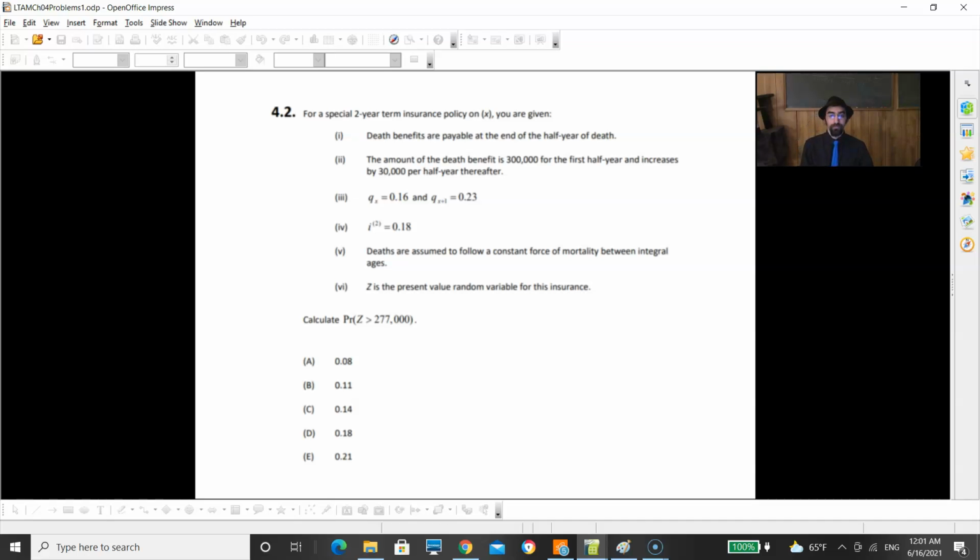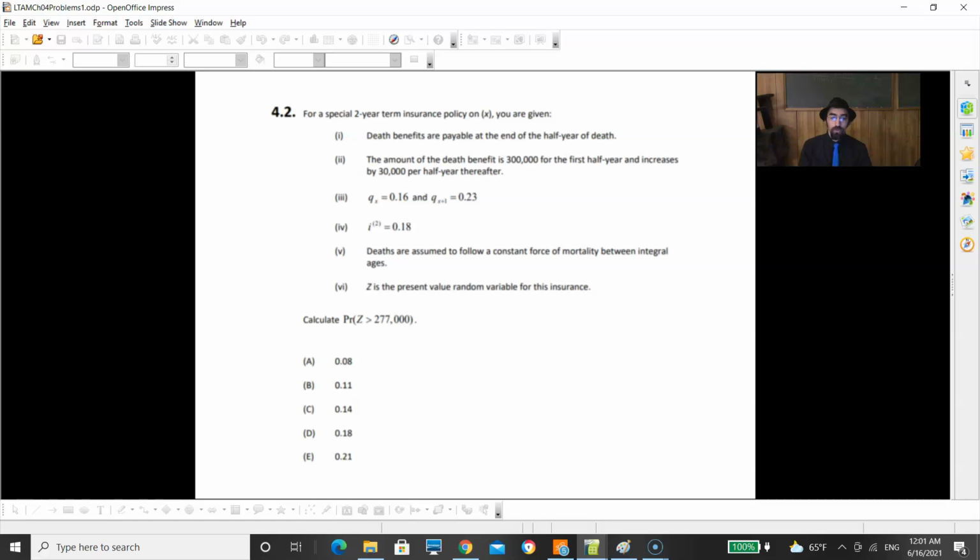Next one. For a special 2-year term insurance policy on x, you're given that death benefits are payable at the end of the half year of death. The amount of the death benefit is $300,000 for the first half year and increases by $30,000 per half year thereafter. They give you q_x and q_{x+1}.